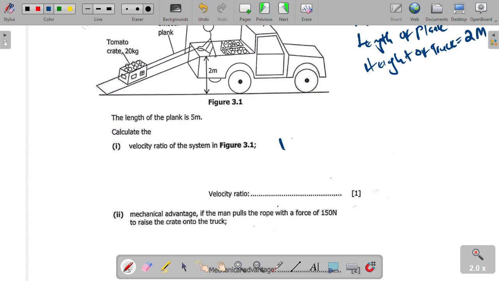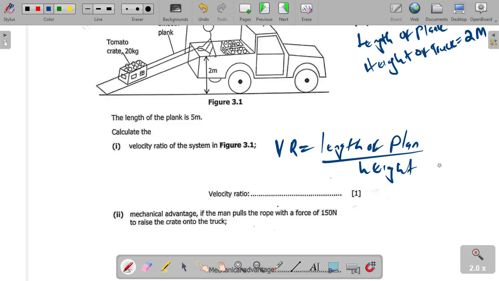So we say VR, okay, VR is equal to length of a plane or a plaque, they are one and the same, over height.